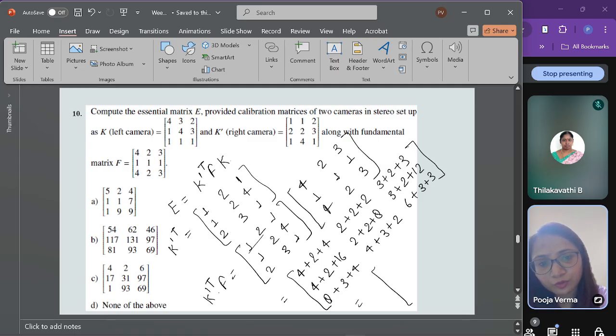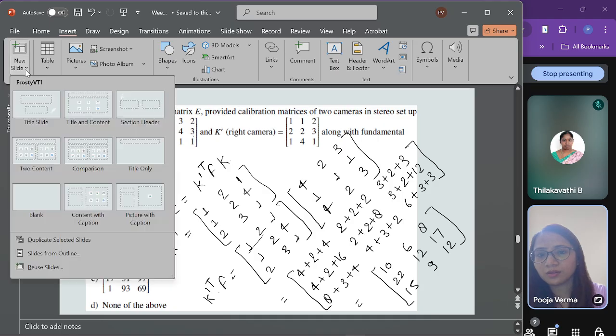If you add these up: 10, 6, 8, 22, 12, 17, 15, 9, 12. So K dash transpose F we have got. Now again, we have to multiply this with K, with this matrix. Okay, so I can take the other slide also.